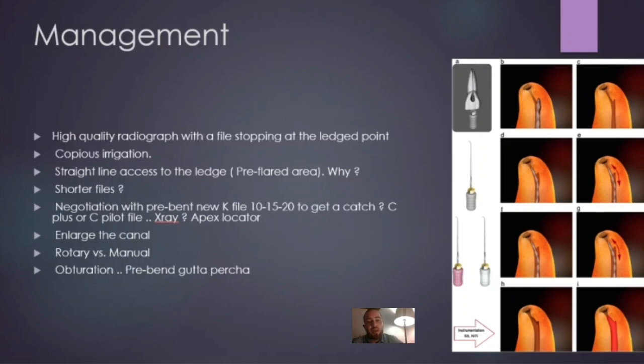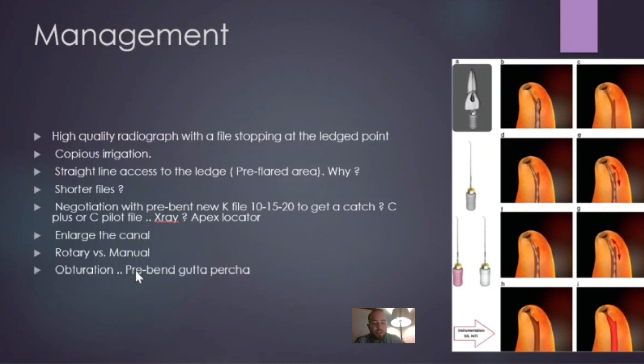Keep going down until you reach the estimated working length and then check the patency by using an apex locator or taking an X-ray. You may now continue the preparation of the ledged canal by using either manual hand files or rotary files.